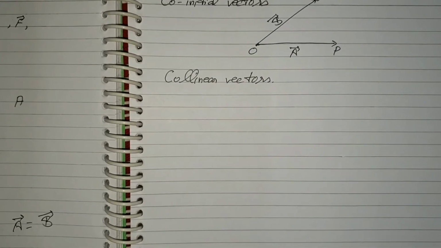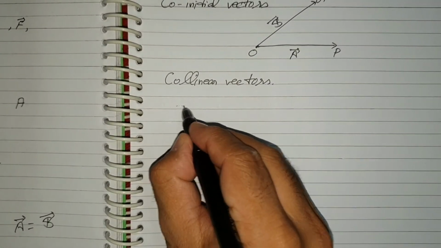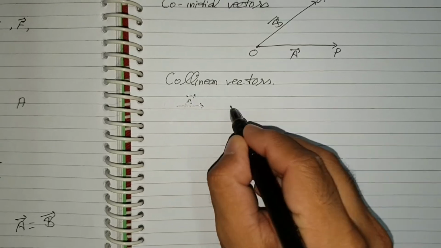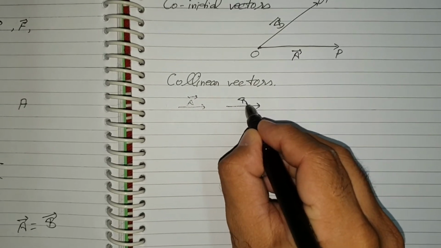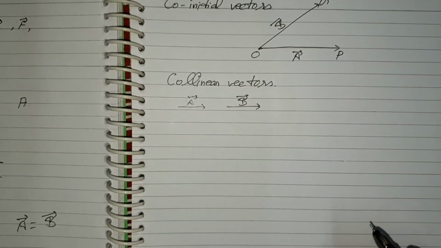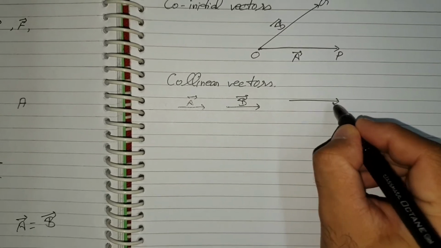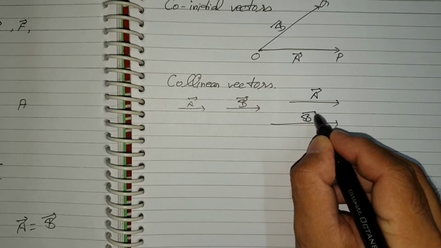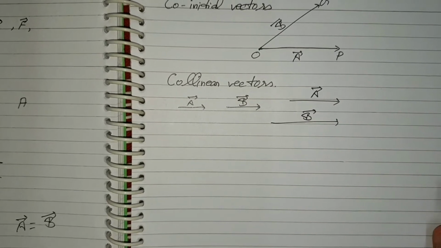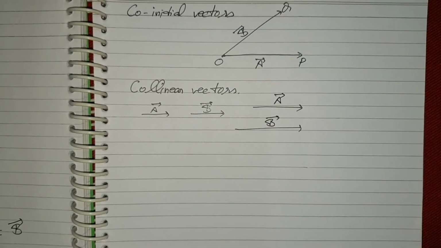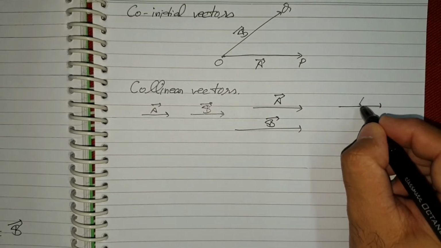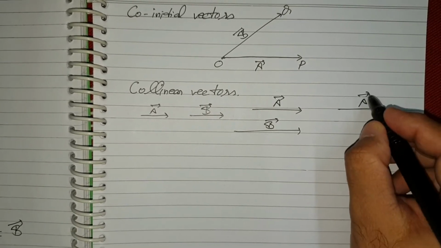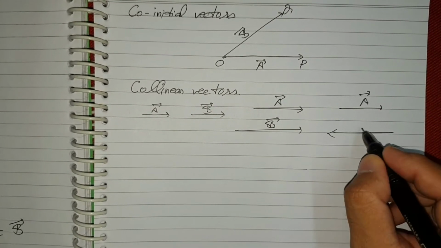So, by the definition, this vector A and this vector B are collinear vectors. Vector A, vector B, collinear vectors, even if they are acting in the opposite direction, like this B.